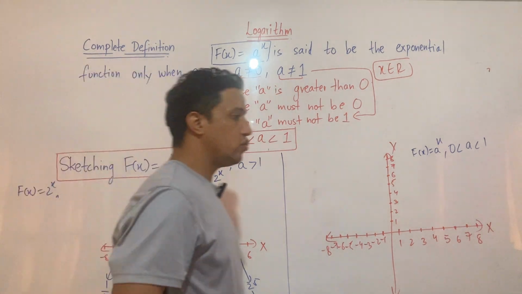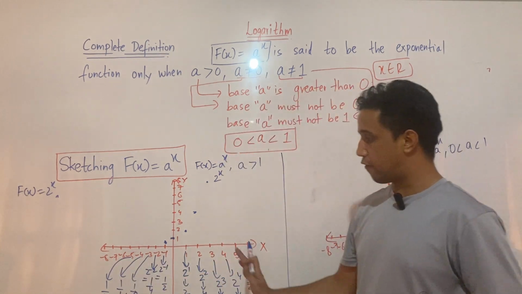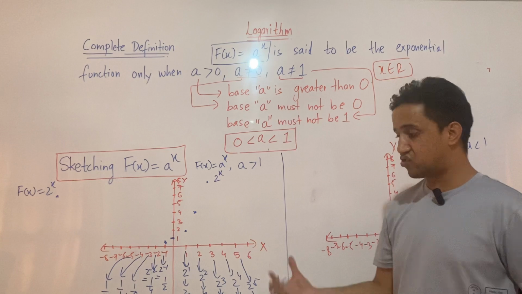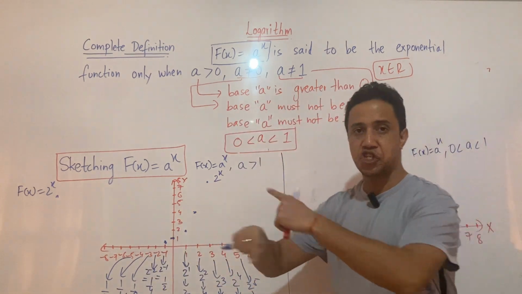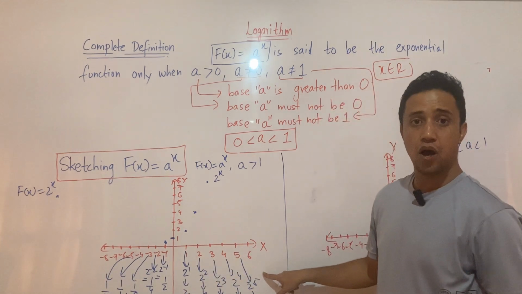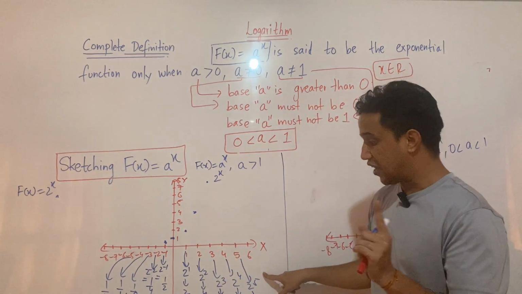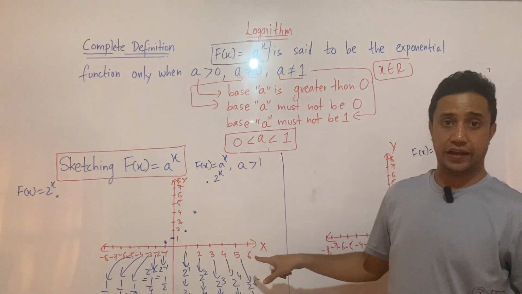Now, if you look at all the values of y for the negative x, you can see that the values of y are just the reciprocals of the values of y for the positive side of x, right?